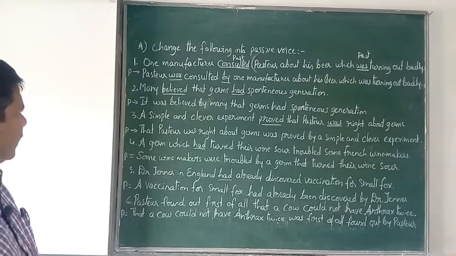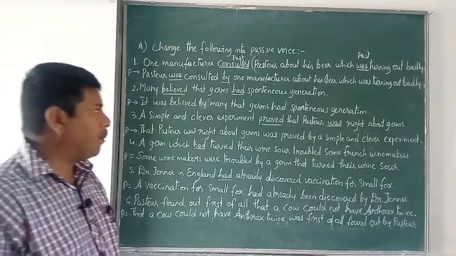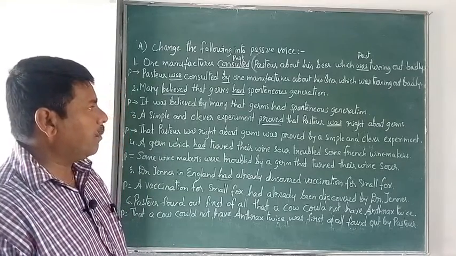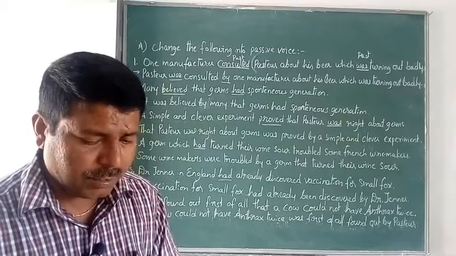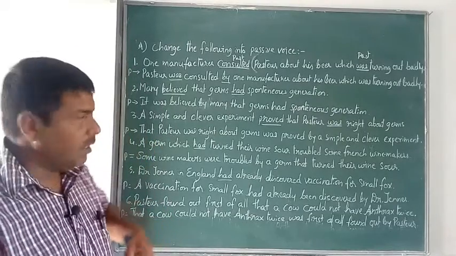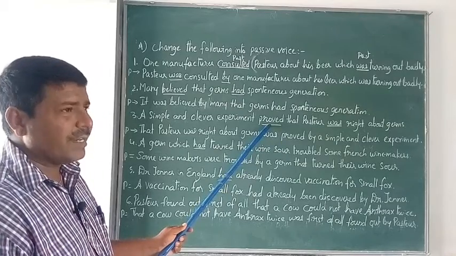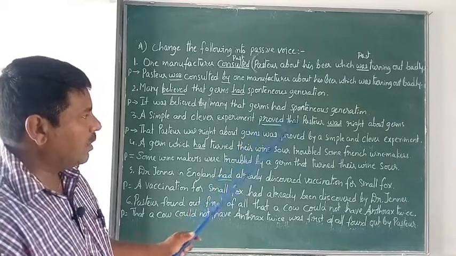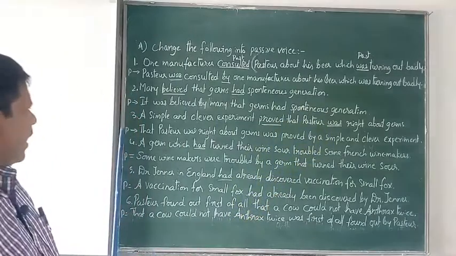The third one: a simple and clever experiment proved that Pasteur was right about germs. Here also two words make us understand this is past, "proved" and "was", so that it gives us a clear idea.